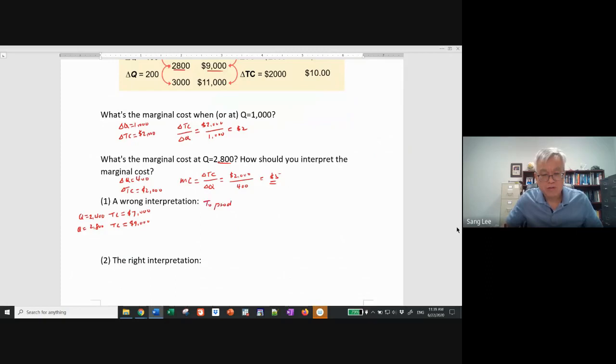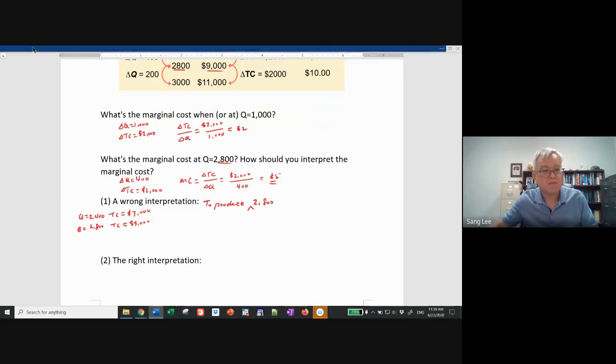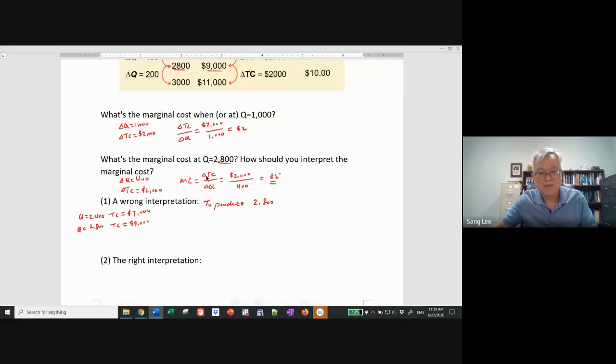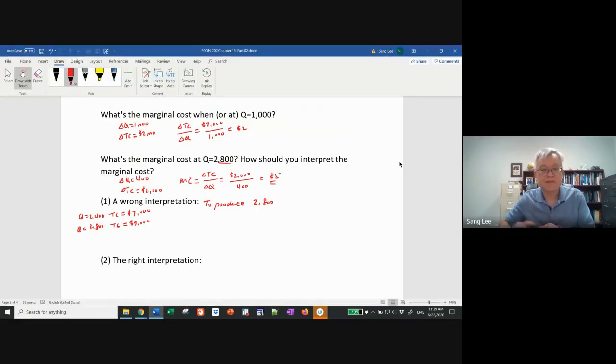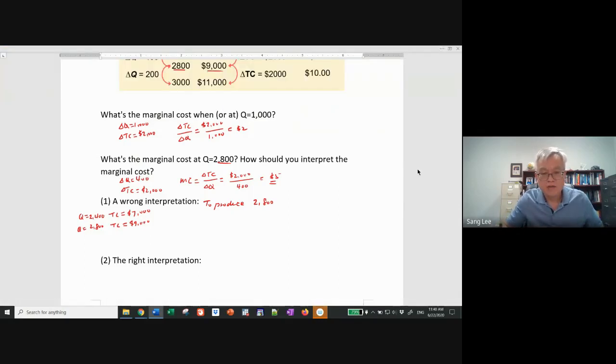To produce 2,800 units more, or to produce additional 2,800 units, it costs, for example, $5 here.